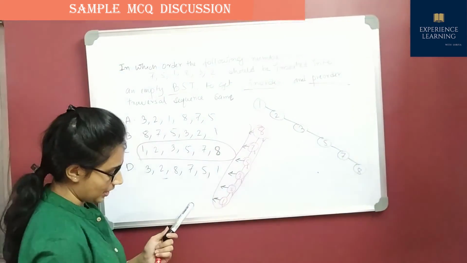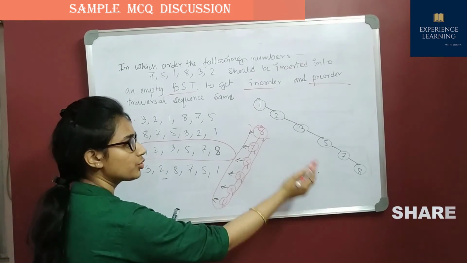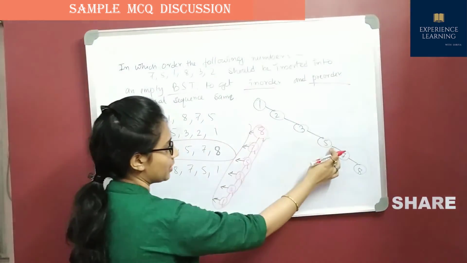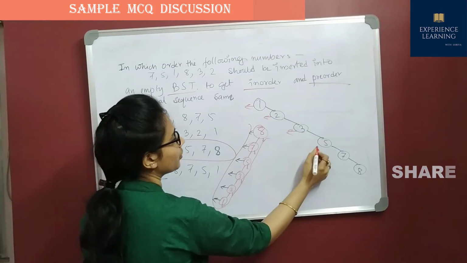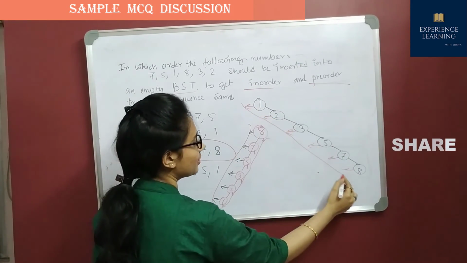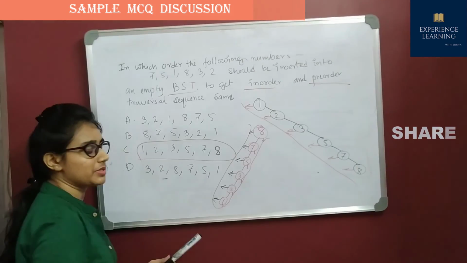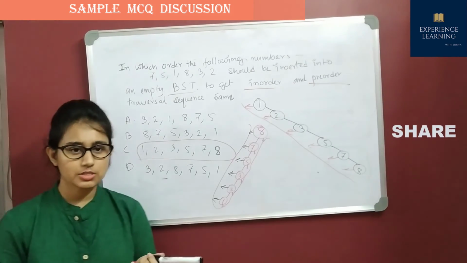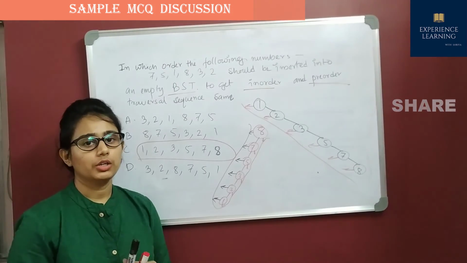But in this example, the in-order traversal will be 1, 2, 3, 5, 7, 8. And pre-order will also be, if you draw it, 1, 2, 3, 5, 7, 8. I have already discussed pre-order traversal and in-order traversal in the video.